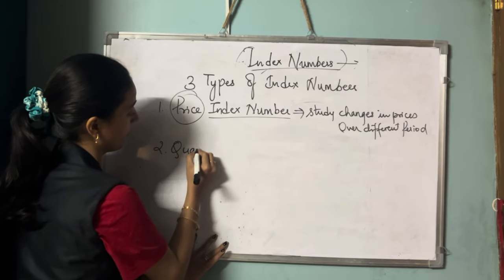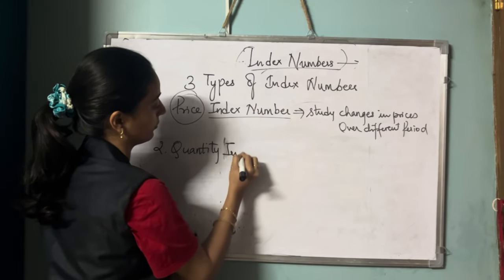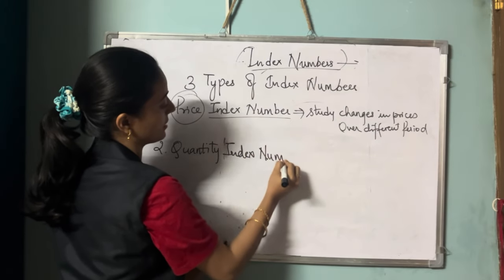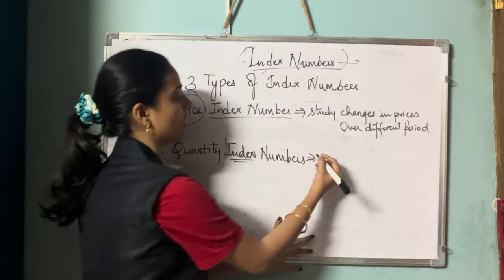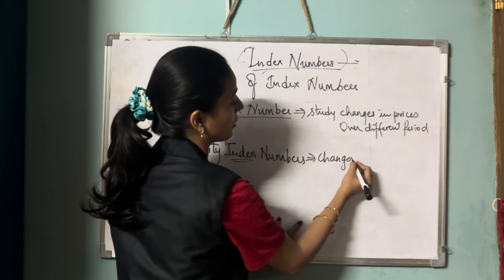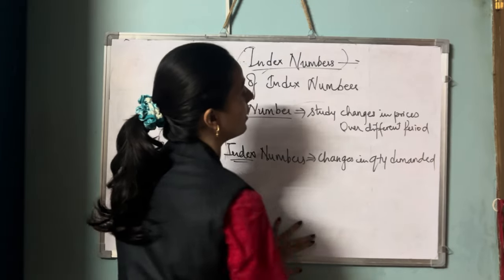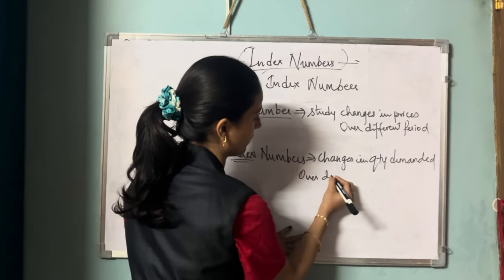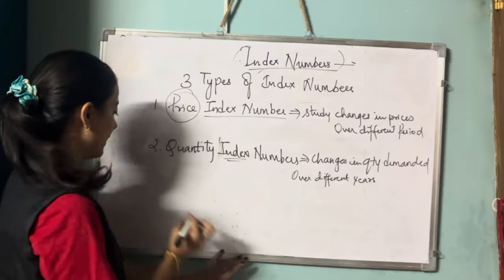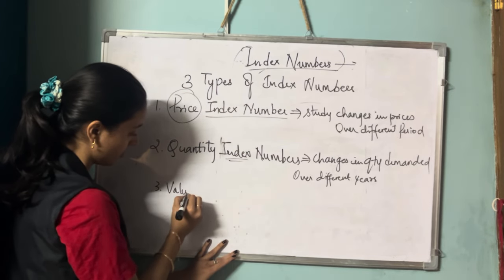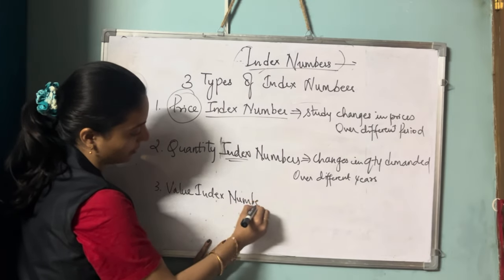Next one is quantity index numbers. So very simply, easily understandable what we are trying to study here. Changes in quantity demanded over different years. Am I right? Yeah. And the last one is value index numbers.